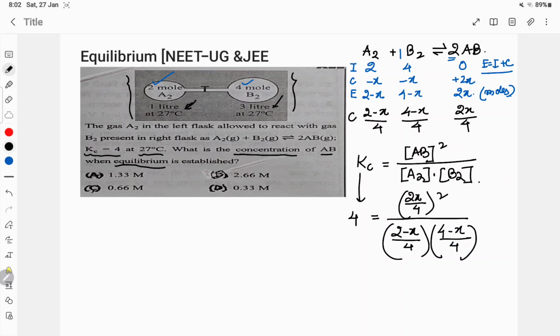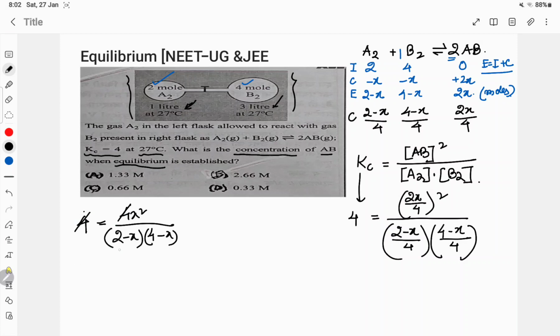So let's solve here. I can write here 4 is equal to 4x square divided by 2 minus x, 4 minus x. So 4 cancel.